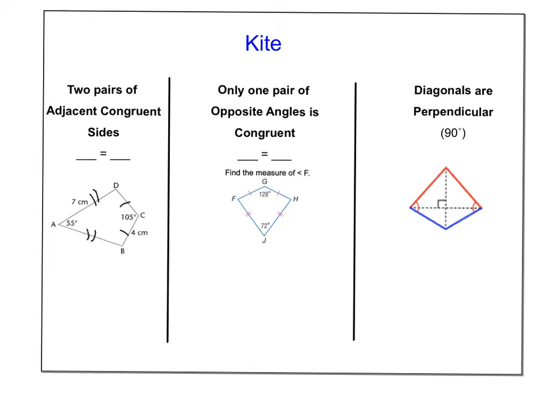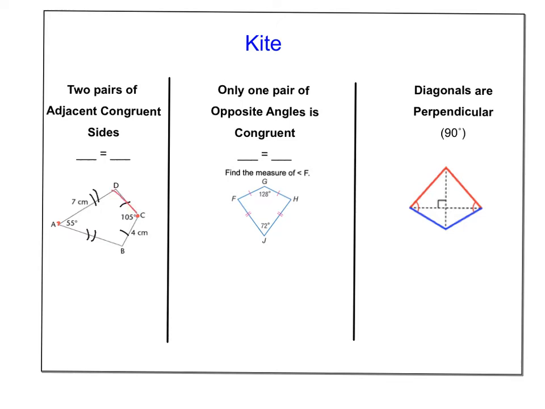All right, so again, adjacent means they're attached at one point. So DC and BC are attached to each other at point C. That means they're adjacent. And DA and BA are attached to each other at point A, and that means they're adjacent.